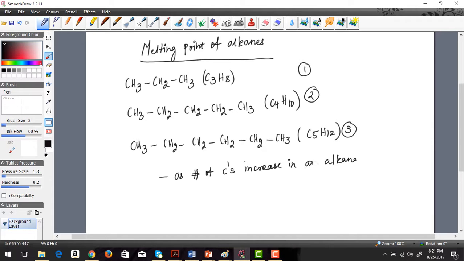in an alkane, the melting point increases. What does it mean by melting point increases? As I said earlier, chemists do everything opposite to the rest of the world, right?